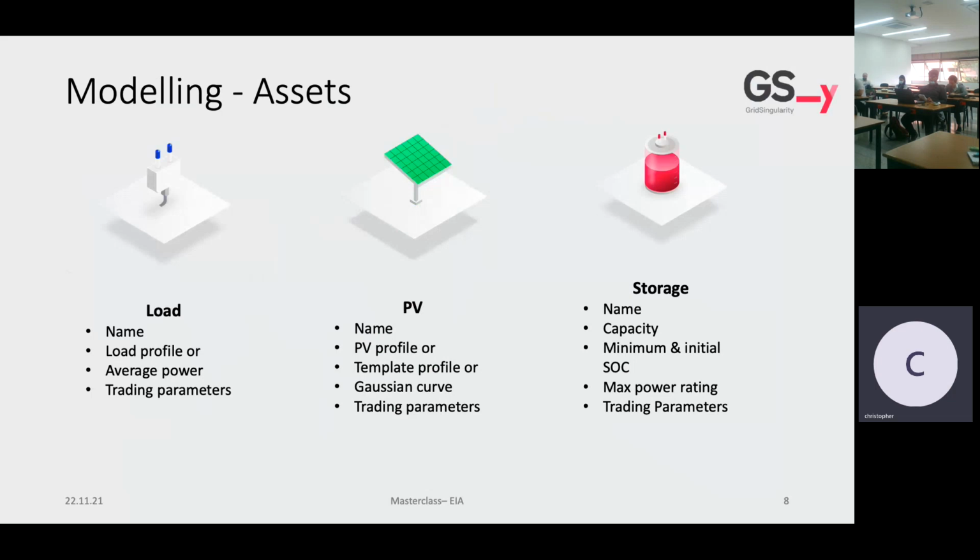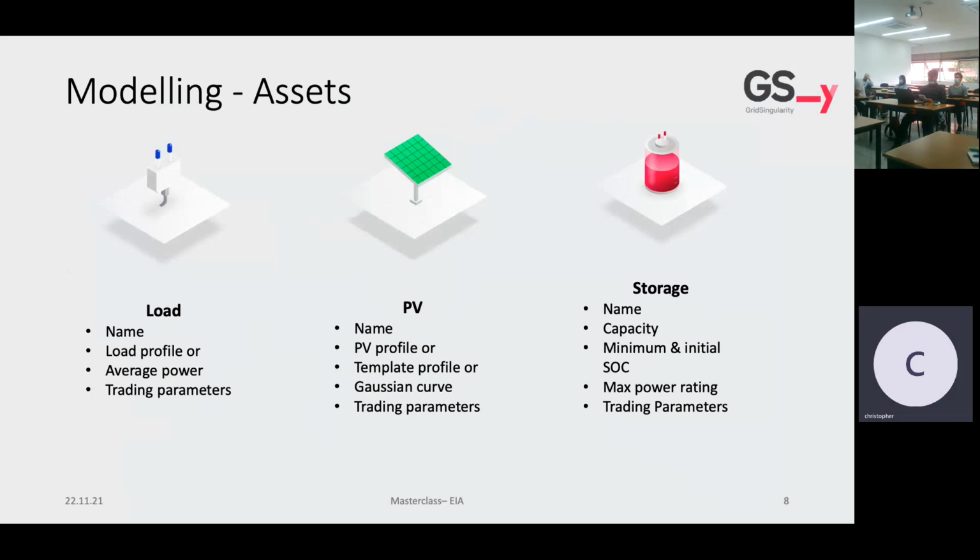We also have the PV, which is fairly similar. It's a producing asset. You can upload your own generation if you have that data available, or you can use our template profile or our Gaussian curve function. The last asset is the battery. It's different because it only takes as input the capacity in kilowatt hours, the minimum and initial SOC in percentage, and the maximum power of charge and discharge.